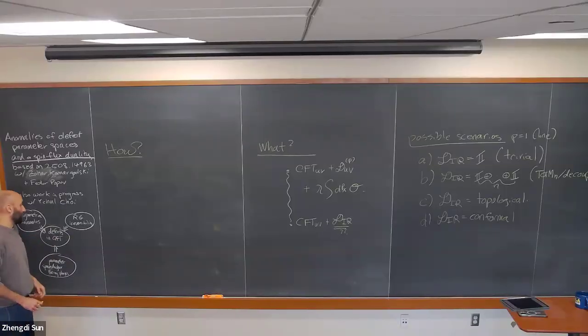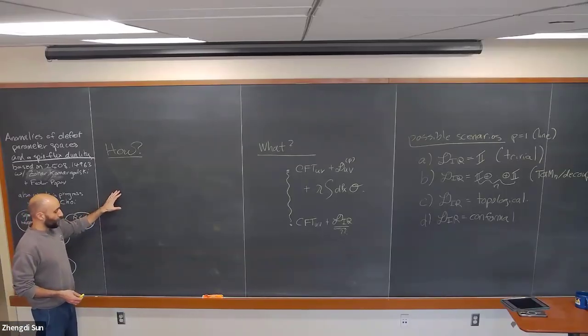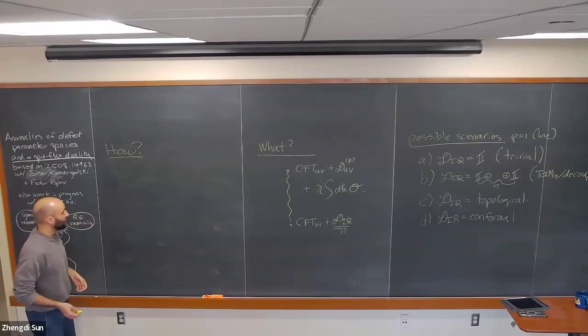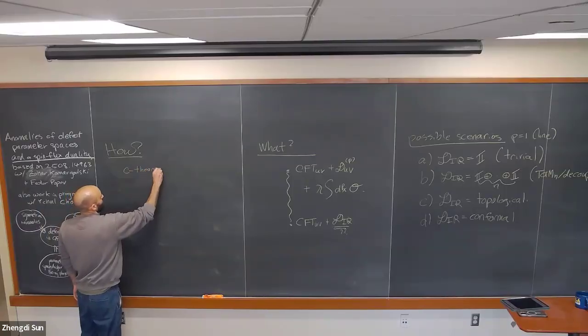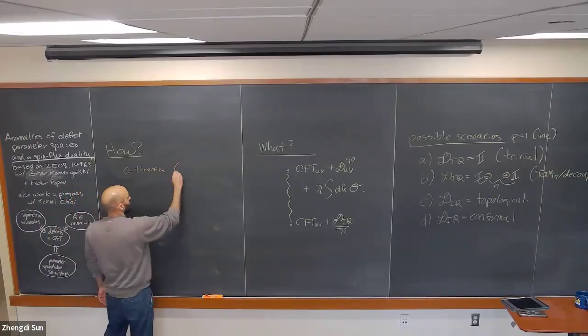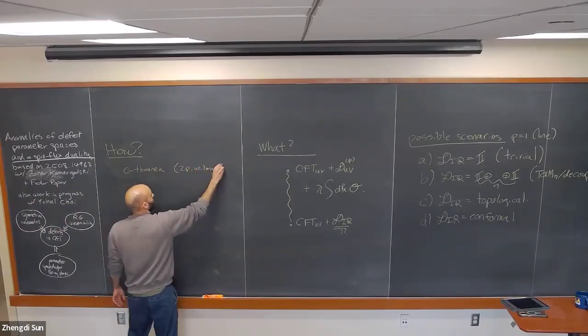Okay, so let's start with the irreversibility of the renormalization group flow. Maybe the first example of this that one sees is the C theorem. This applies to 2D unitary CFTs.